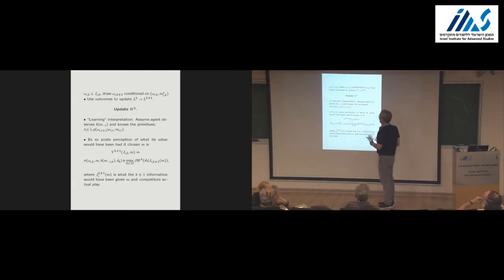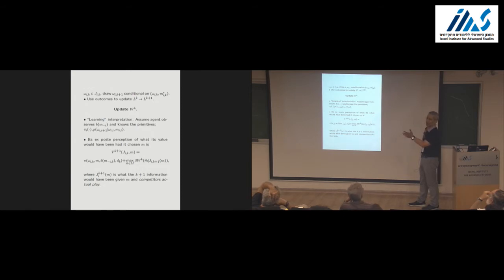Okay, so the learning interpretation, this is my price, okay? Okay, so I'm going to assume that's what the agents observe, some function of the other guy's control. So that's price for this case, okay? The agent knows the primitives.